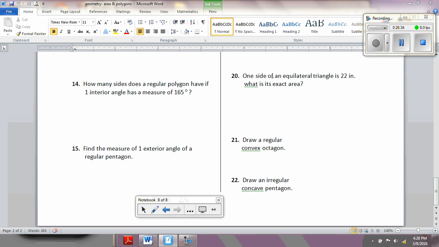Now for the last two questions, they ask you to draw a figure. You can draw any figure that meets the description. So 21 wants to draw a regular convex octagon. Octagon is 8-sided. So in order to be a regular octagon, all sides have to be congruent and all angles have to be congruent. So just do your best to draw a stop sign.